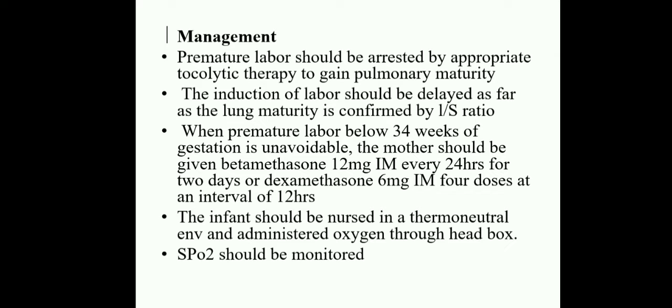Here you have to check how much the lung maturity is there, their symptoms and their ratio. When premature labor below 34 weeks of gestational age is unavoidable, the mother should be given betamethasone 12 milligrams IM every 12 hours for 2 days, or dexamethasone 6 mg IM, 4 doses at intervals of 12 hours.